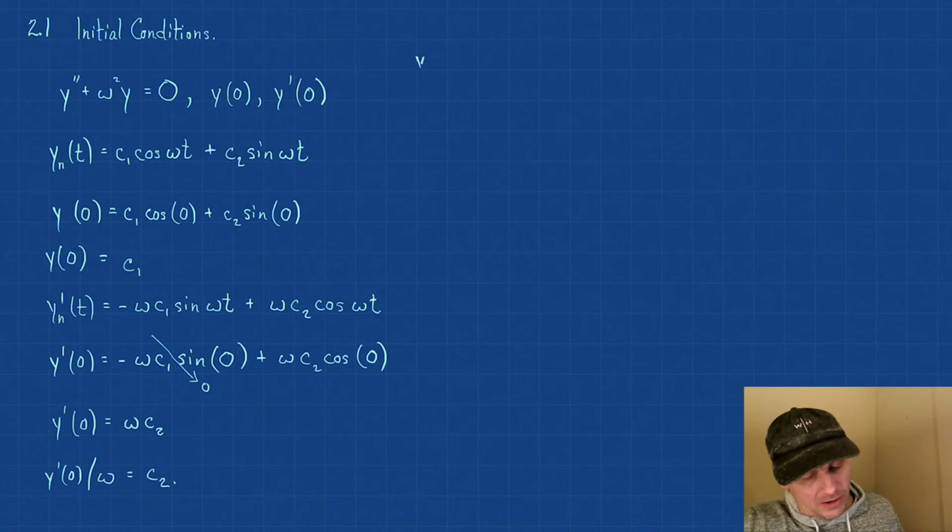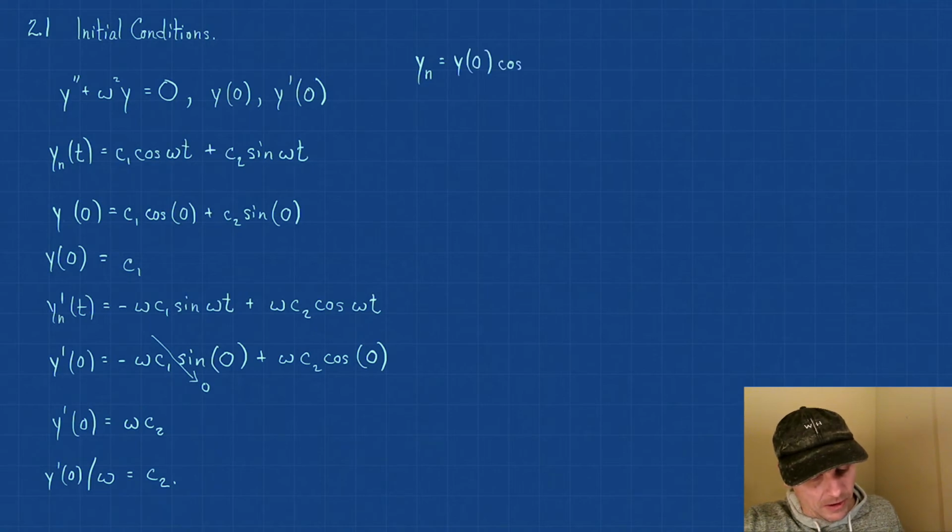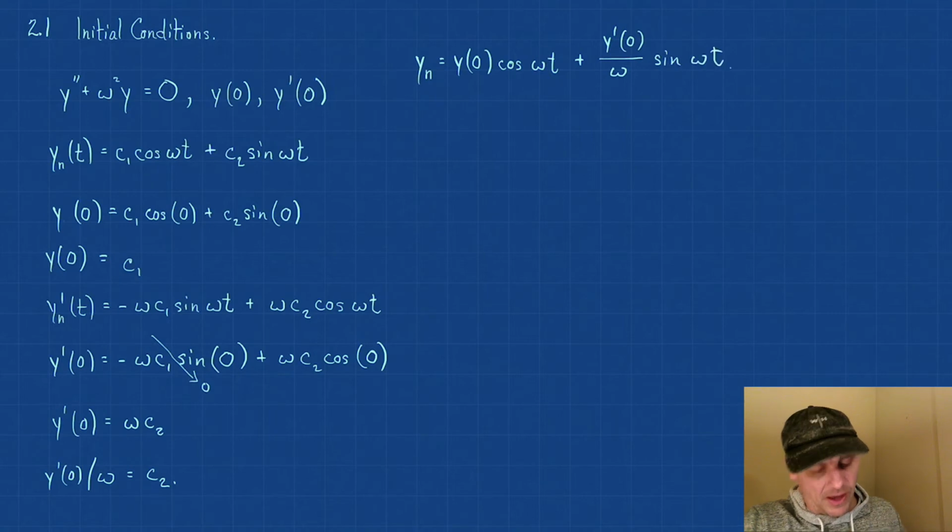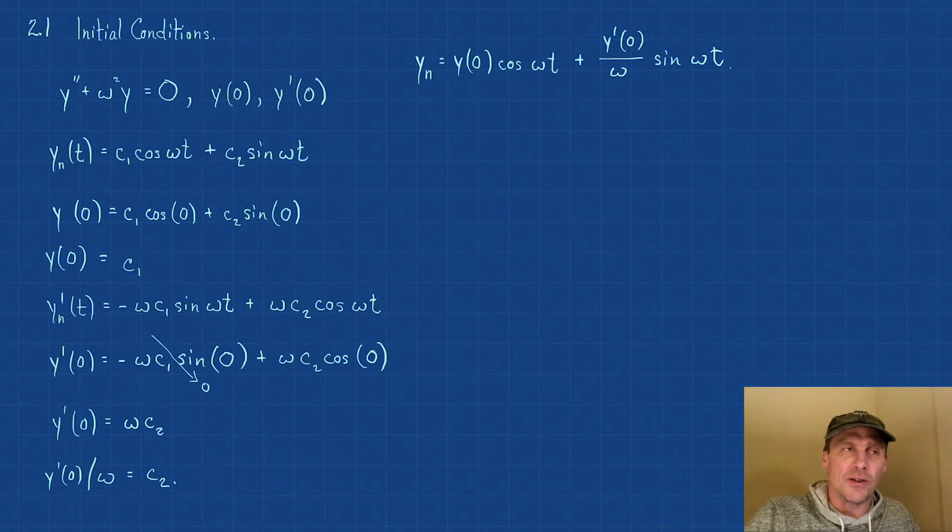Our null solution is now c1, which is y of 0, cosine of omega t, plus our next piece, y prime of 0 divided by omega times the sine of omega t. And that is our y null for any set of initial conditions.